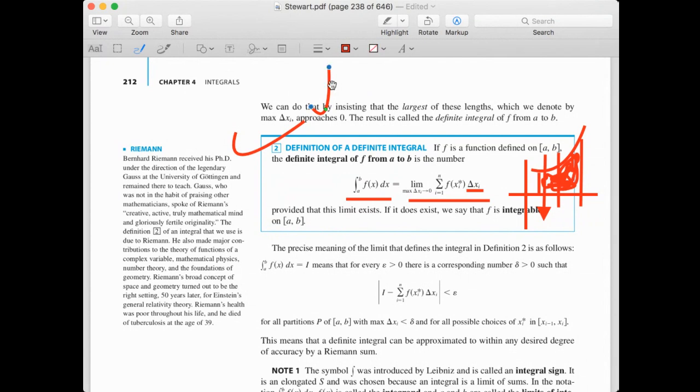If we write only one, it does not make sense. Because we have a lower limit a and an upper limit b, we call this a definite integral. Without the a and b, it's not a definite integral. With a lower limit and an upper limit, we call it a definite integral.